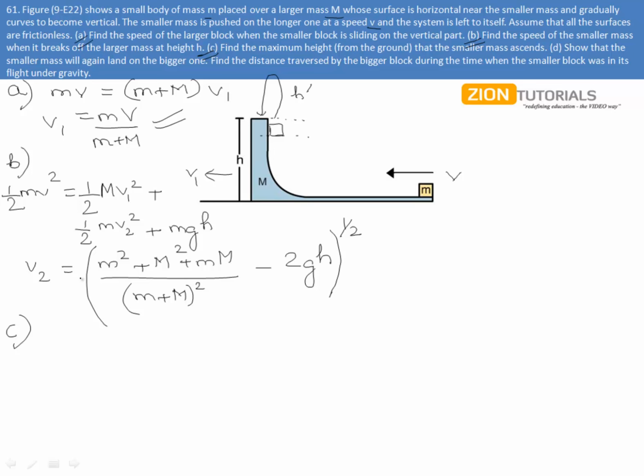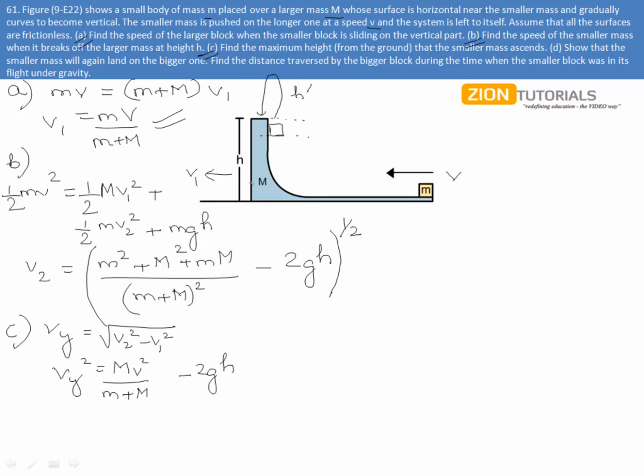Now I can take the vertical velocity, that is vy, at the point of losing contact to be the square root of v2 square minus v1 square. So I have vy square to be M v square over M plus m minus 2gh.